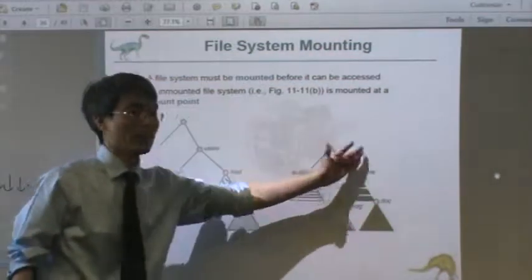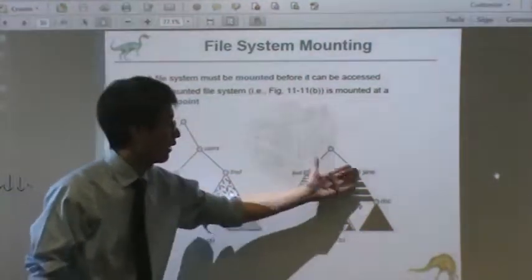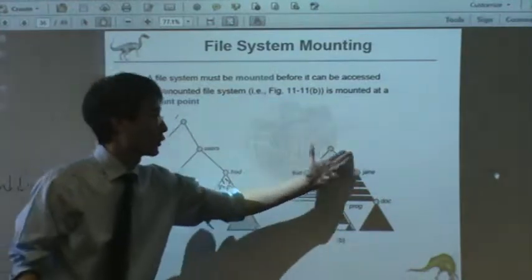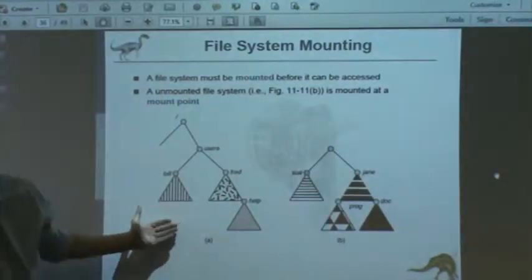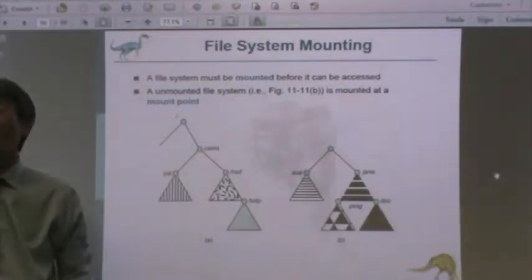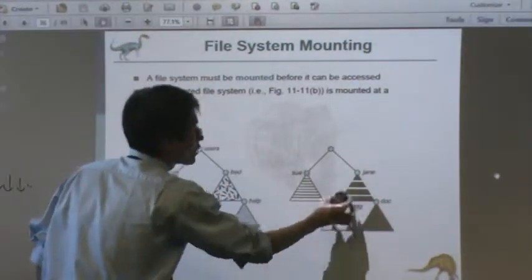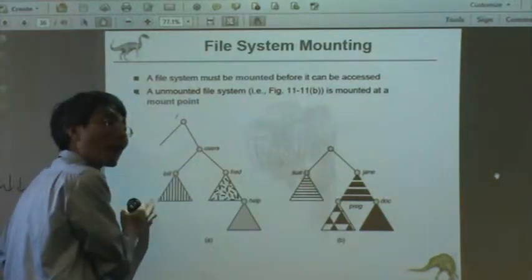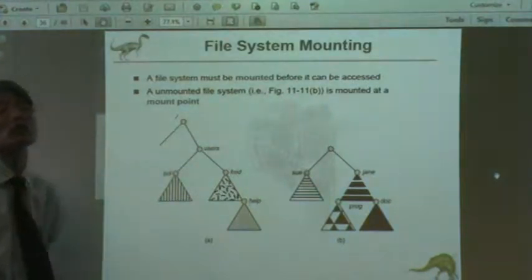I have another one in the hard disk drive, or the external hard disk drive. So can I use this file system in the existing, mostly local, file system? Yes. How? We can mount the root of this one to any of the file directories in the local.